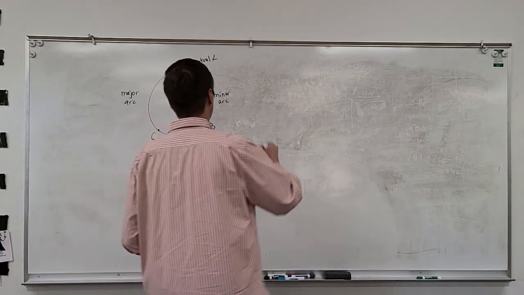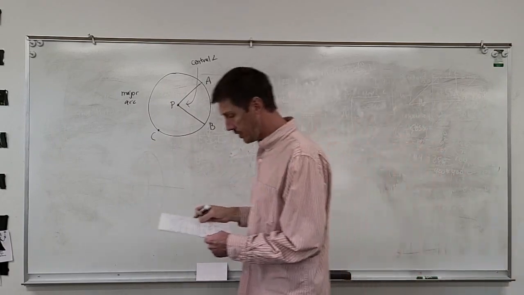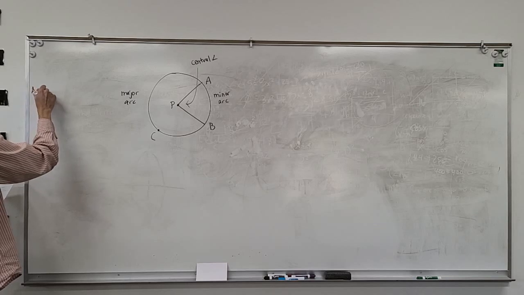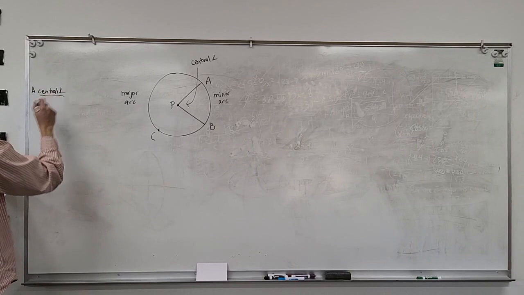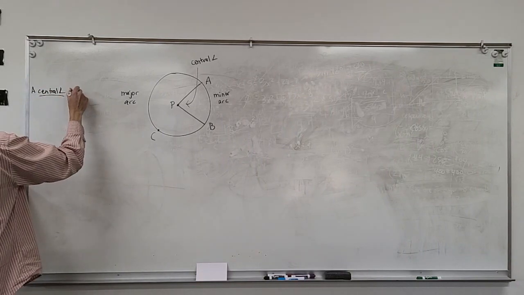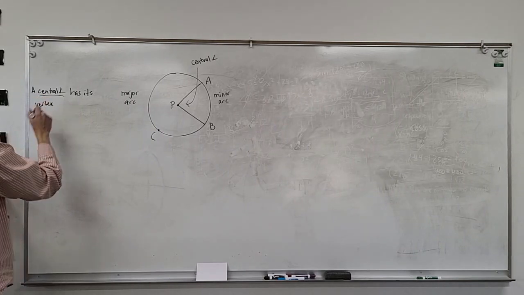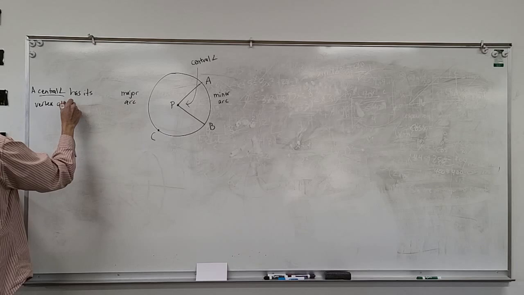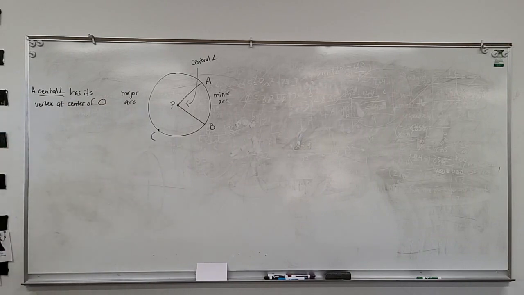Just to define some of these, I'll do it over here. A central angle has its vertex at the center. We'll use a little abbreviation for circle.